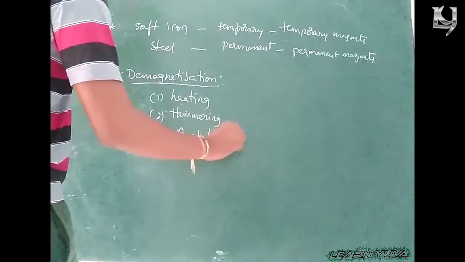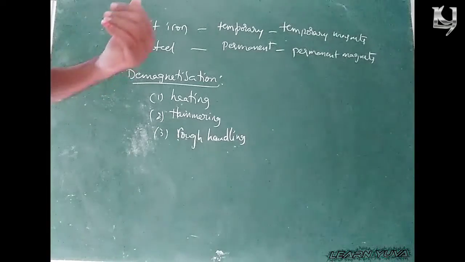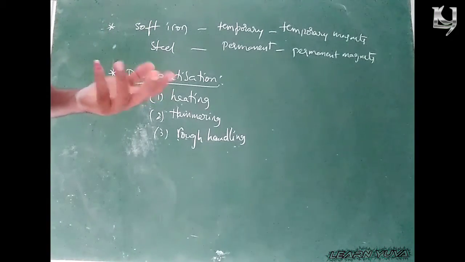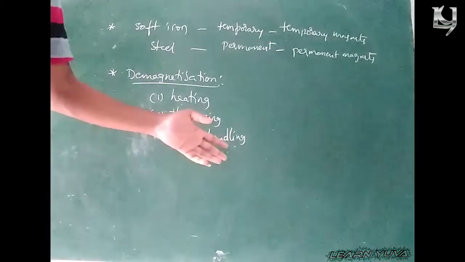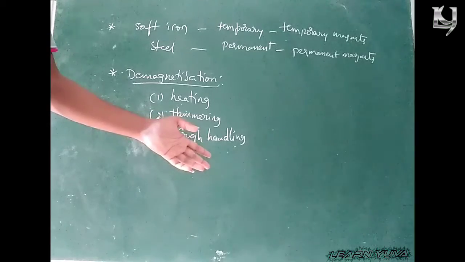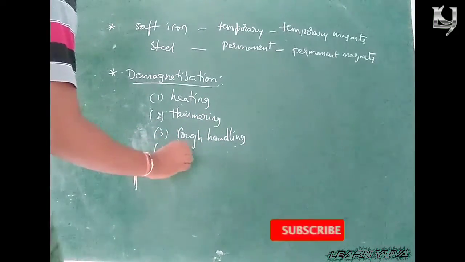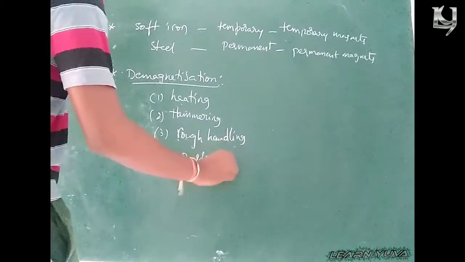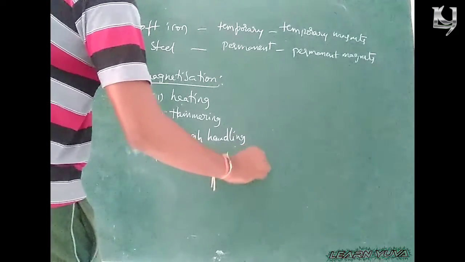Next, rough handling. We have to take care of the magnet so that its magnetic power remains for a long time. If you use the magnet in a rough way, the magnetic power will reduce. Next, by passing AC supply.